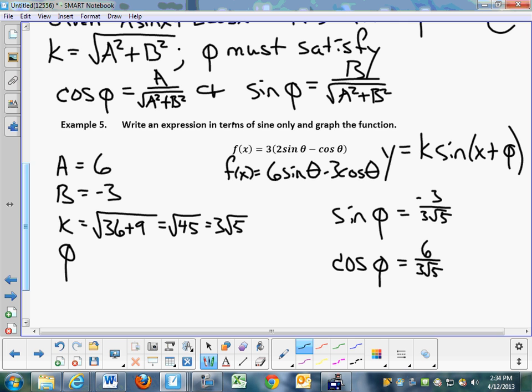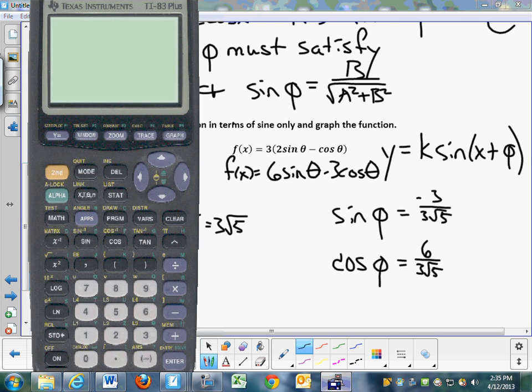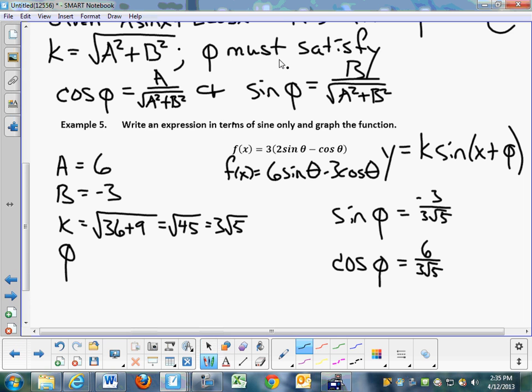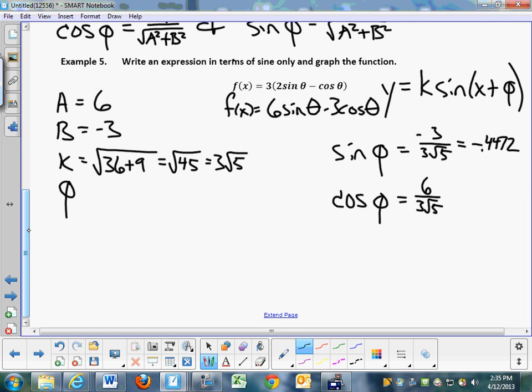Let's come up with a decimal for one of those. So negative 3 divided by parentheses 3 square root of 5 parentheses, enter, negative 0.4472. Everybody got that? Now, we only need one. We don't need them both.